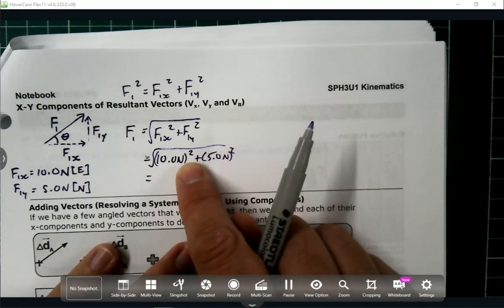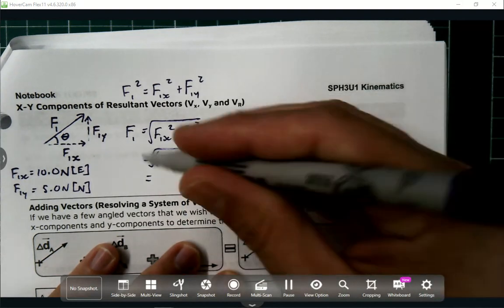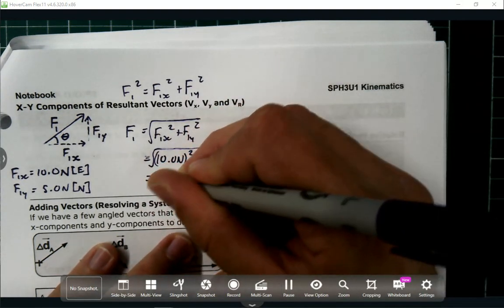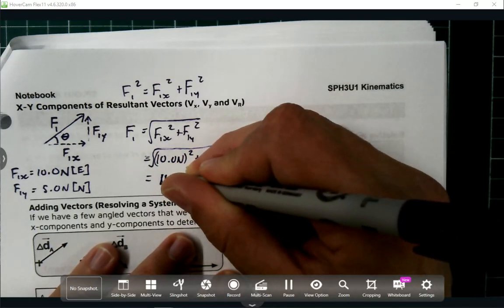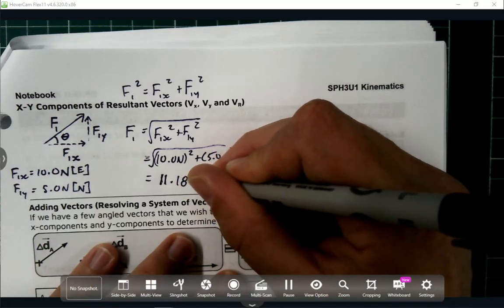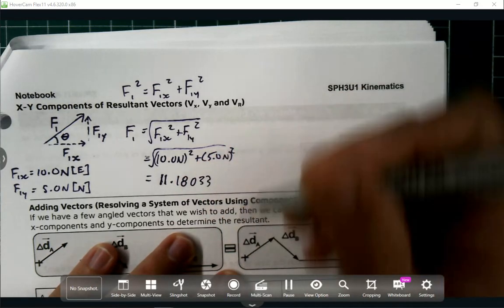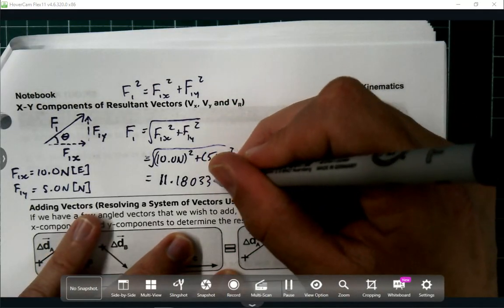That would be smaller than either of them. I got 11.18 on the table. There might be some data entry that has to be fixed. It should be about 11.18, and I get 11.18033 dangling off the end.